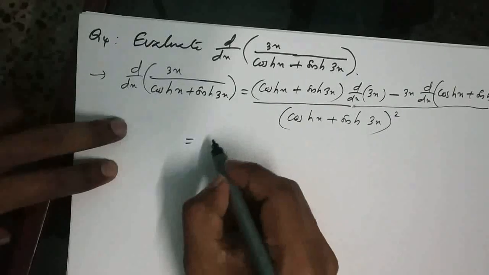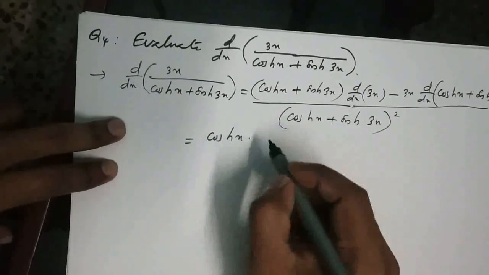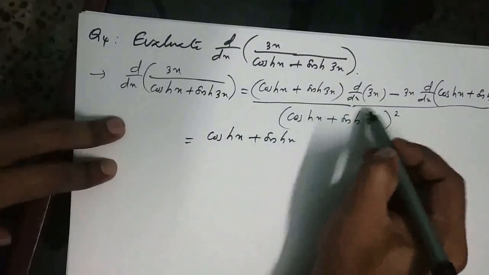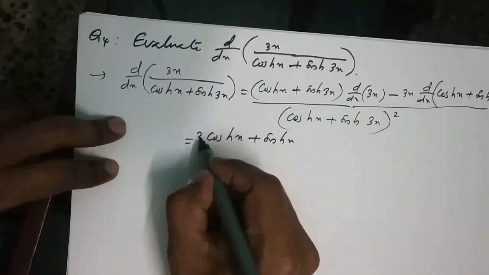This is equal to cosh x plus sinh 3x into the derivative of 3x. This is nothing but 3.